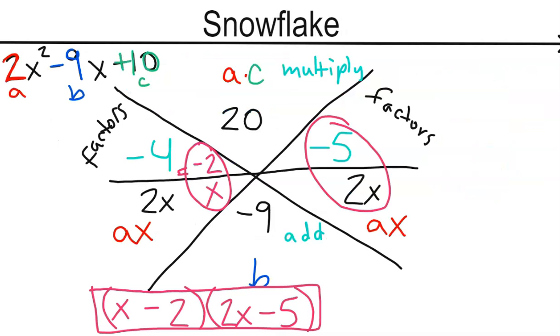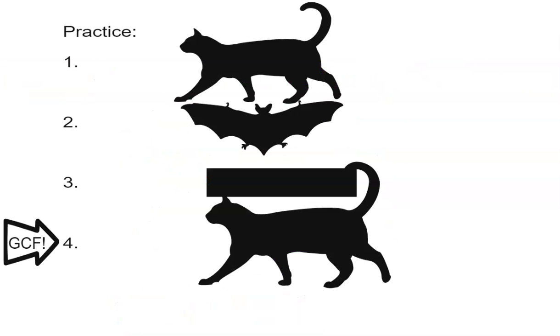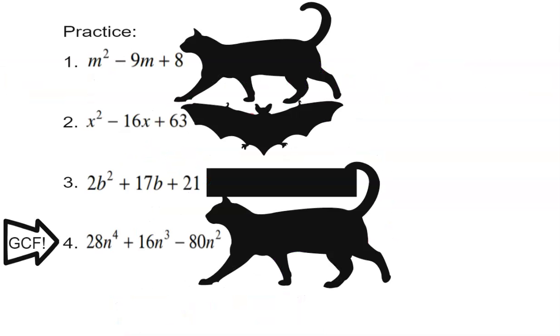Okay? All right. Now what I want you to do is I want you to practice. Okay, so turn your notebook paper over. And I want you to practice these 4 problems. Okay, I got 1, 2, 3, and 4. So space them out.